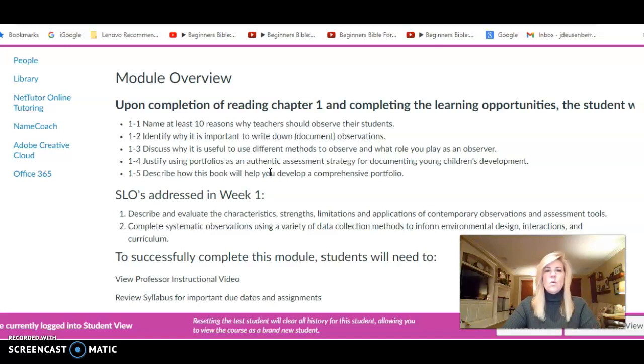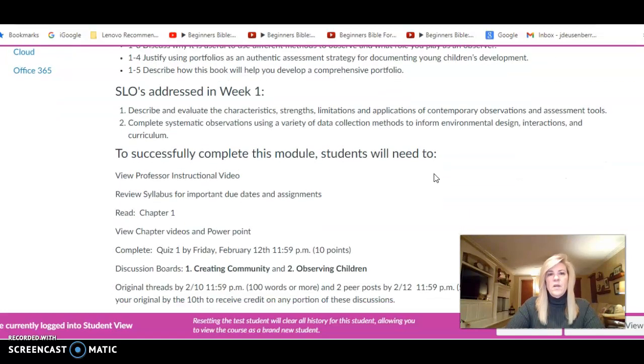You'll be able to discuss why it's useful to use different methods to observe and what role we play as an observer. You'll be able to justify using portfolios as an authentic assessment strategy for documenting young children's development, and also describe how this book, our textbook, will help you develop a comprehensive portfolio.